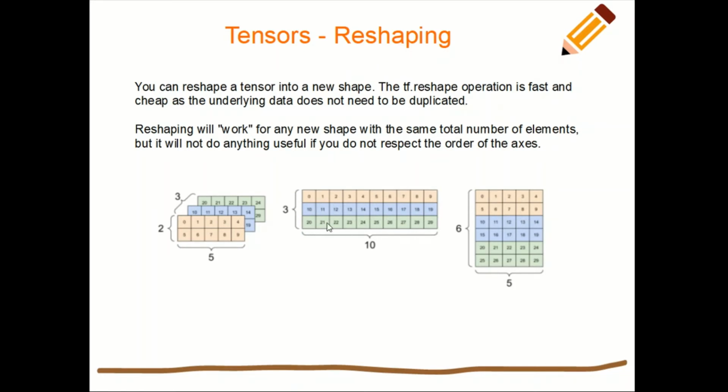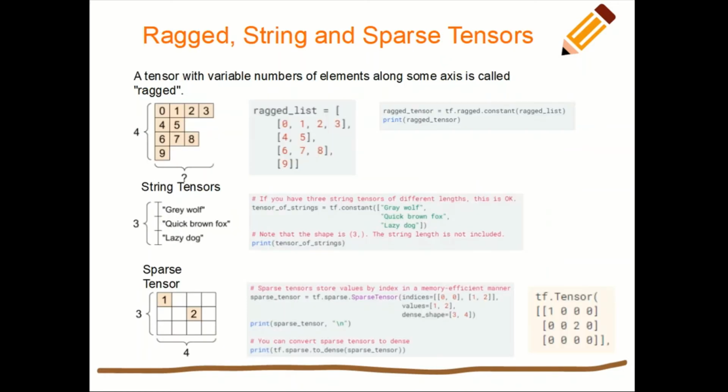But we can have different numbers of elements along a specific axis, and that is what is called a ragged tensor. This is how it can be created, by giving lists of different lengths. It is created using tf.ragged.constant, and we give this list as an input here.